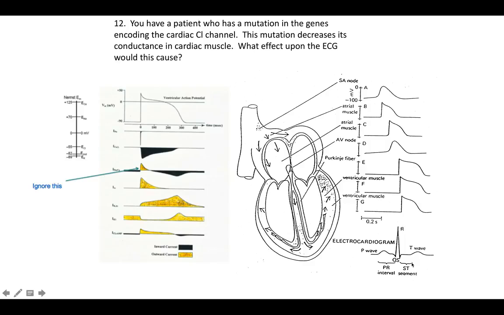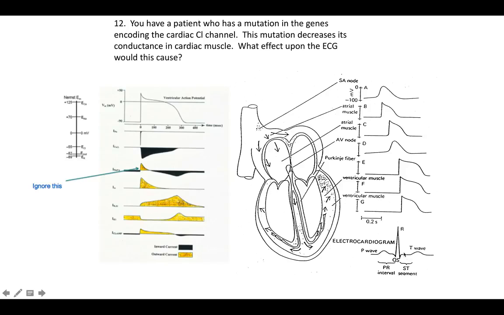My propagation through my ventricle takes place as my QRS takes place. You can see these action potentials in the ventricle are lined up in time with the QRS. And then I start to get repolarization from outside to inside, and that's what generates my T wave. My T wave lines up with the repolarization of my ventricular action potentials.